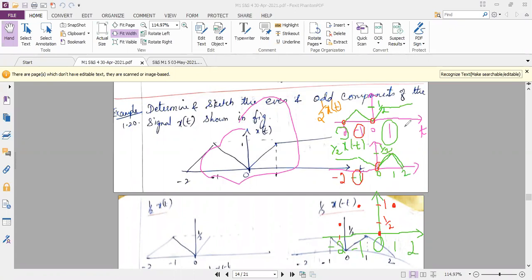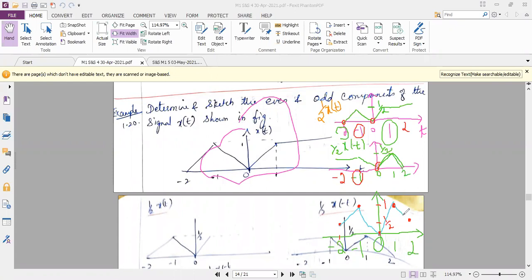And now at the right hand side from the first diagram my amplitude is 1 by 2 for 2, and here the amplitude is 0. So 1 by 2 plus 0 is 1 by 2. So now I got the dots. Now I have to connect the dots. So I'm just telling the simplest method.